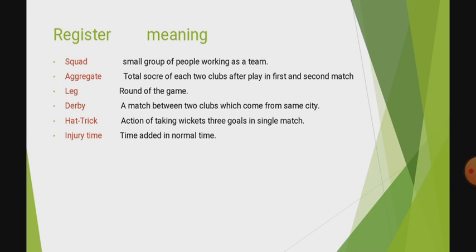Injury time is time added at the end. You can see there is a difference in every group's language, the same words used in different ways, in sport, in medicine, in engineering, in journalism. So it is the game of occupation.